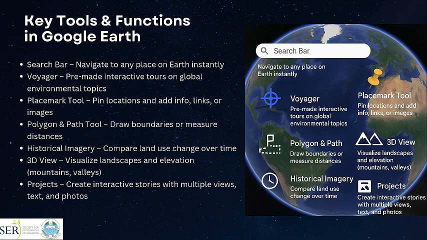These key tools are what you use to navigate the Google Earth platform. You have the search bar, which helps you to navigate any place on Earth instantly, except the place does not exist. The search bar helps you, but if you have the latitude and longitude, you can easily fine tune or get any place easily. You can navigate by searching the name of the place.